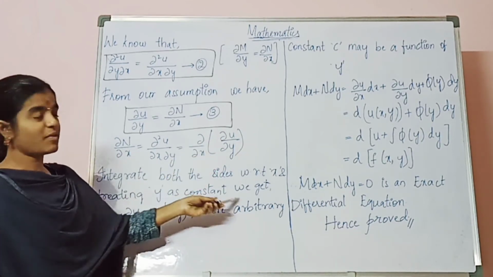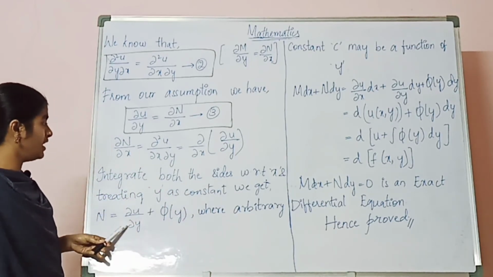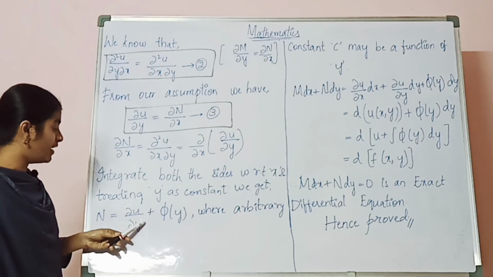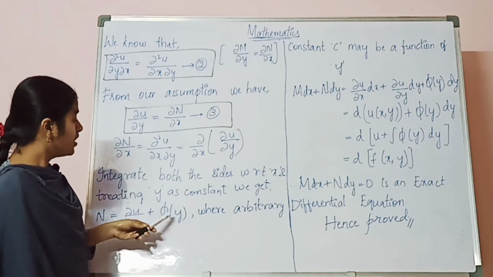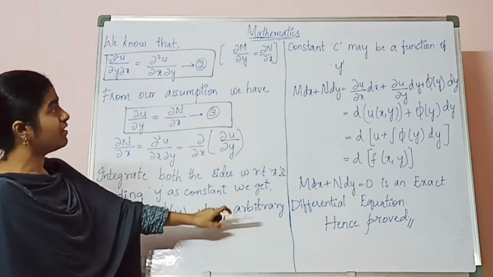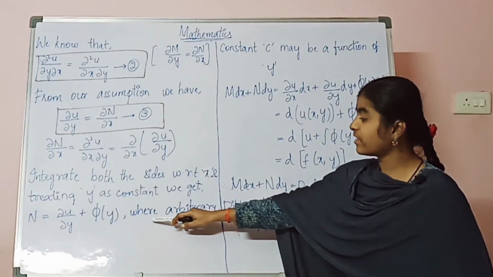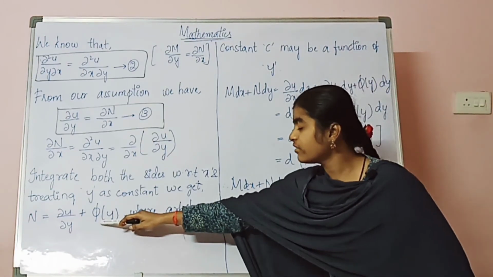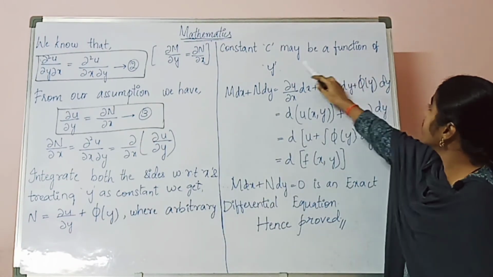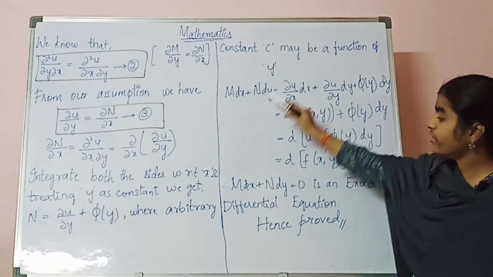So integrating with respect to x and treating y as constant, we get n equals dou u by dou y plus pi of y, where the arbitrary constant c may be a function of y.